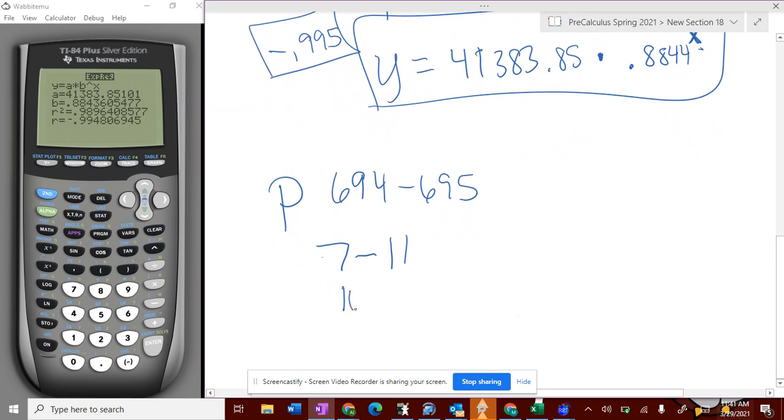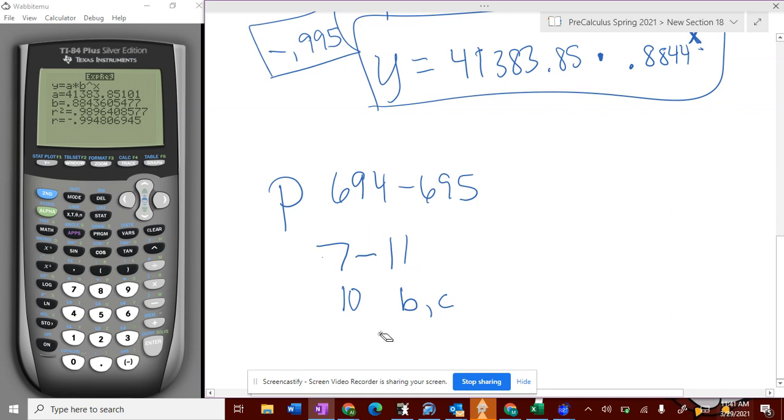And then on 10, you're doing part B and C. And then on 11, we'll do both parts of 11, I guess.